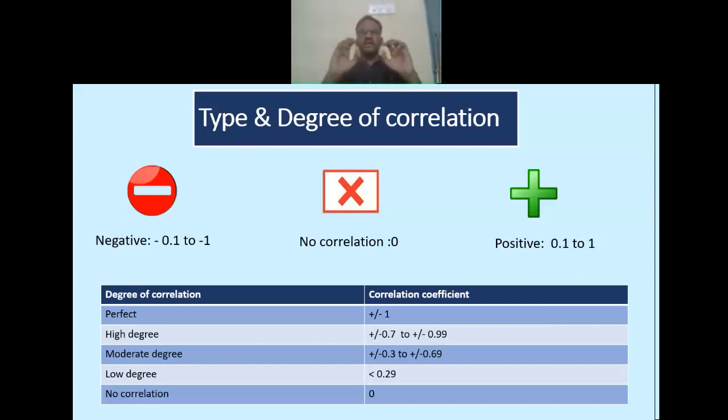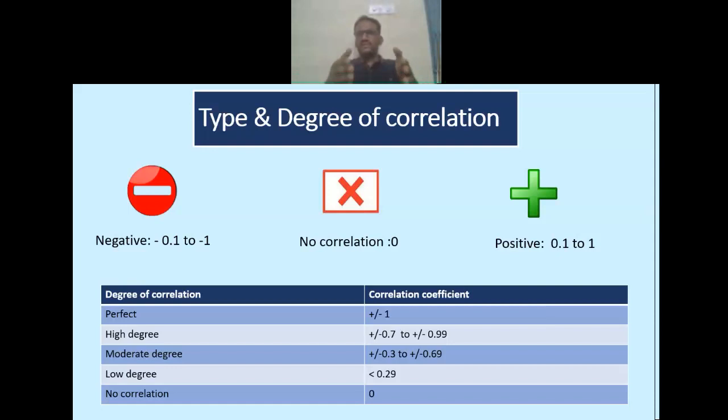For example, if it is negatively correlated, the value of the correlation coefficient, which we call the R value, can be somewhere between minus 0.1 to minus 1. If there is no correlation, the value would be 0. And any value between 0.1 to 1 would be considered as a positive correlation. Let me explain this.